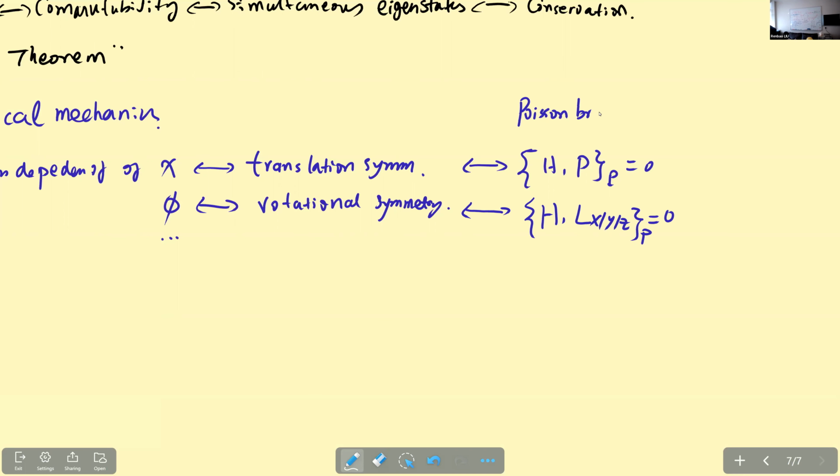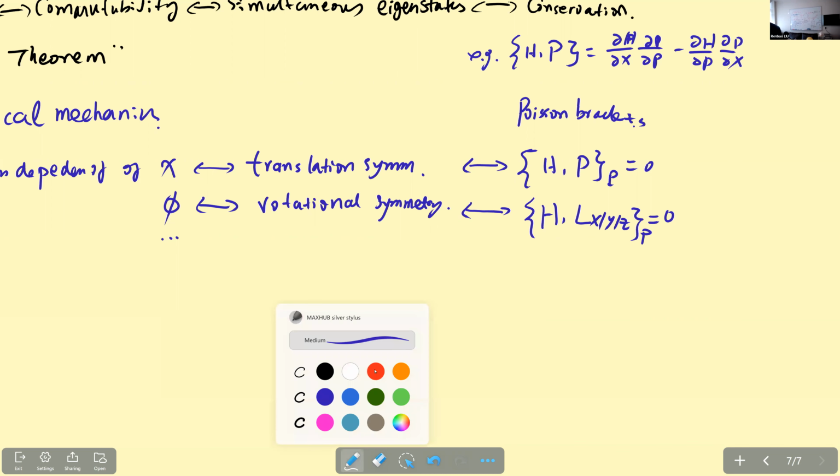That's actually pretty easy to show. For example, if we look at the Hamiltonian and p, that equals partial p partial x, partial H partial p minus partial H partial x, partial p partial p.